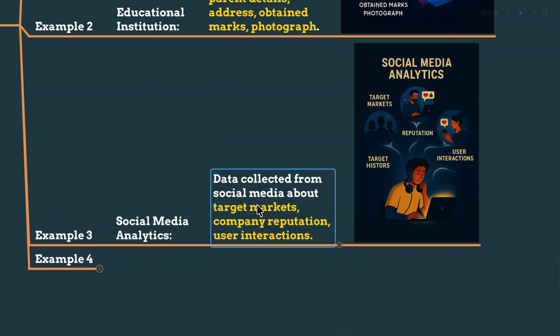If you watch a certain type of reels, it will recommend similar ones. And even if you talk with your friends on WhatsApp about, like, I have to join AAT, then in the evening when you come to Instagram, you will see advertisements about AAT classes that are being published.